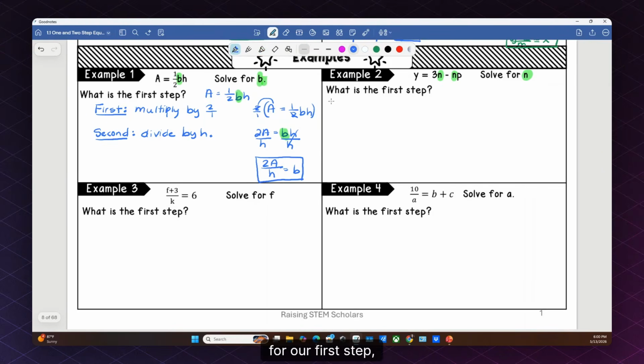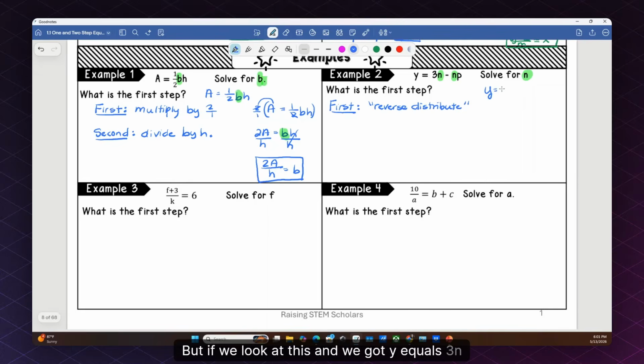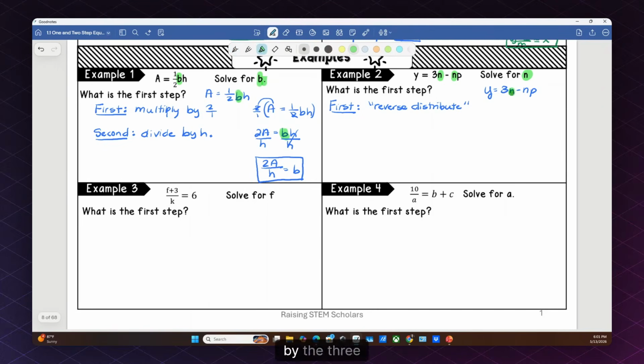Well, what if for our first step, we reverse distribute. We would call that factoring, but y'all haven't learned factoring yet. But if we look at this and we got y equals 3n minus np, it's like the n was multiplied by the 3 and the minus p. So we can pull that out.